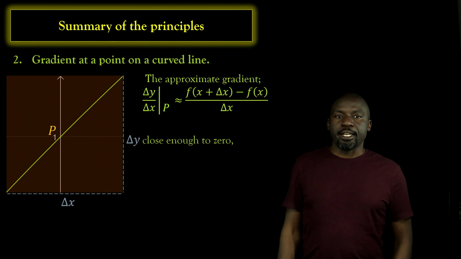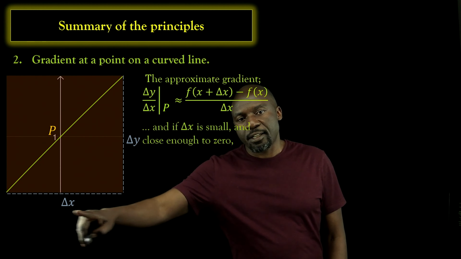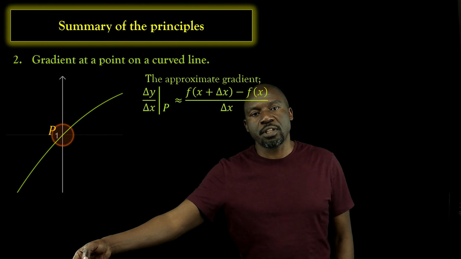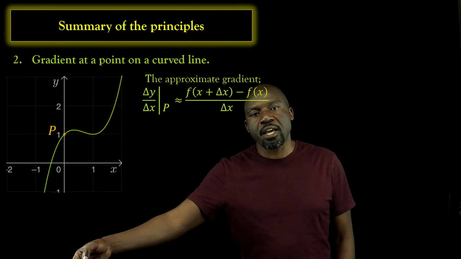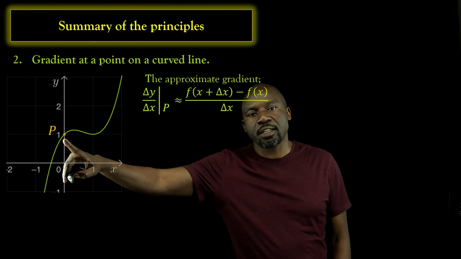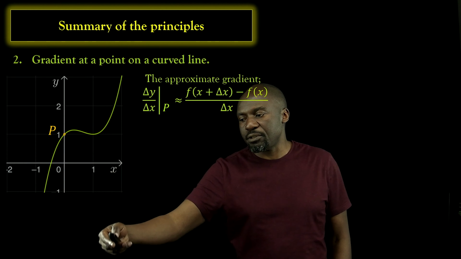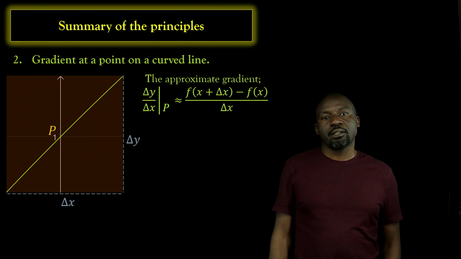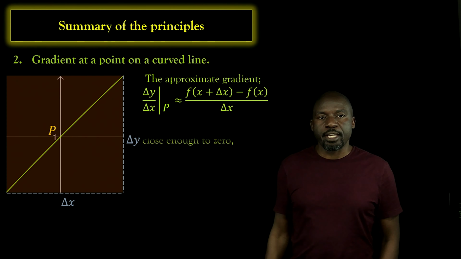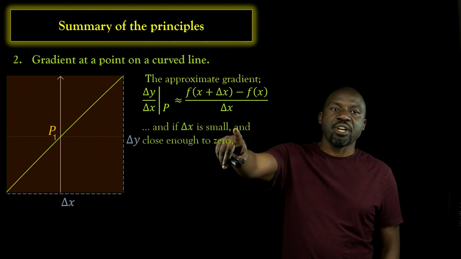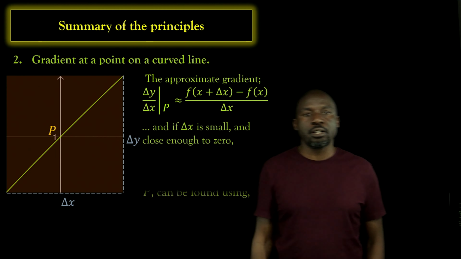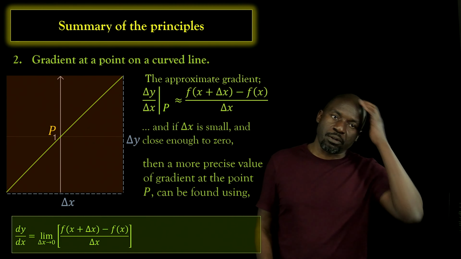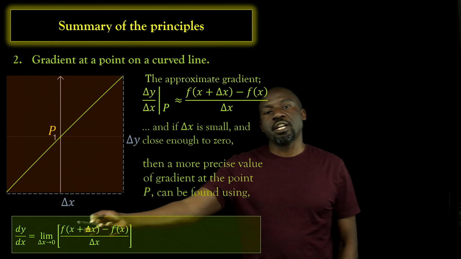And if delta x is very, very small, remember the point we are talking about here was this, and if we make it very, very small so that the diameter of that circle is very tiny, so delta x is very, very small, and very close to 0, then the gradient that we get for that line becomes the true gradient, or very, very close to the gradient, and we can find that gradient using this formula.